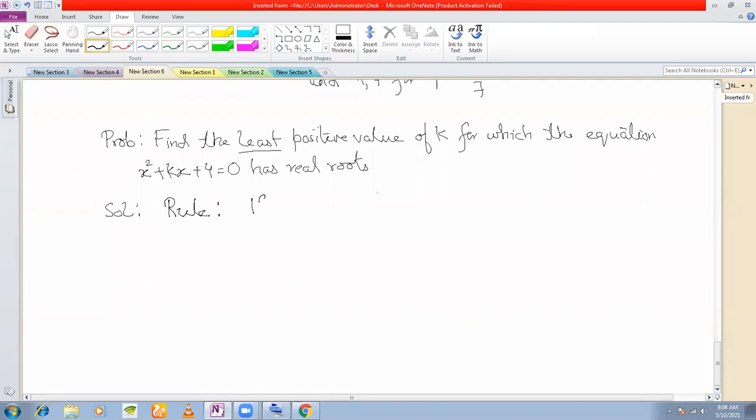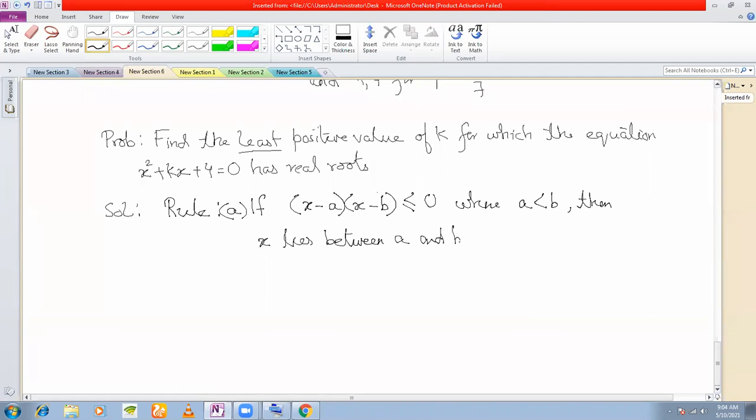The rule is that if you have an inequality like (x - A)(x - B) is less than or equal to 0, you can simply have less than 0 also, where you know that A is less than B, then you can say that x lies between A and B, inclusive of A and B. You can write it as A less than or equal to x, less than or equal to B.